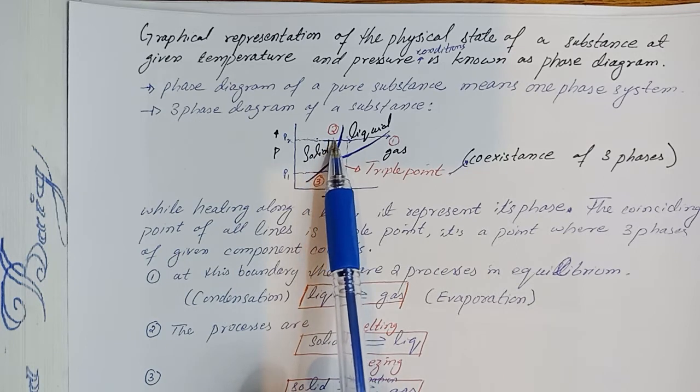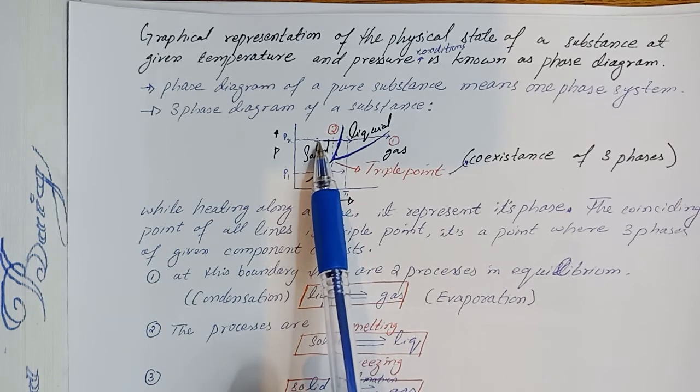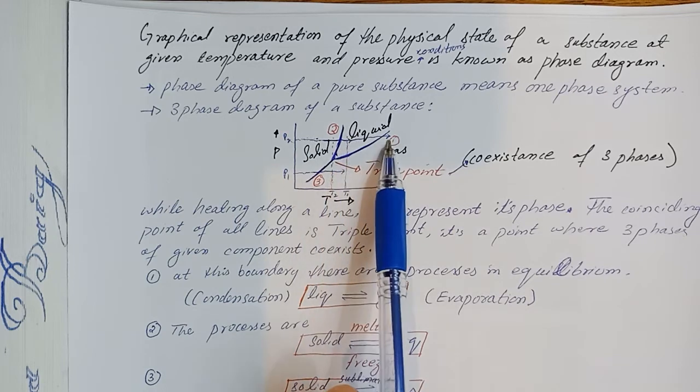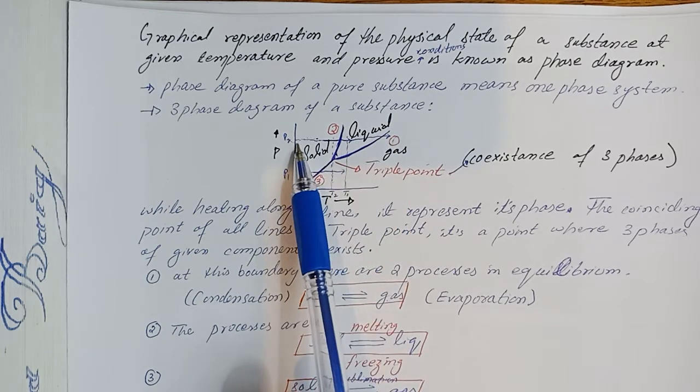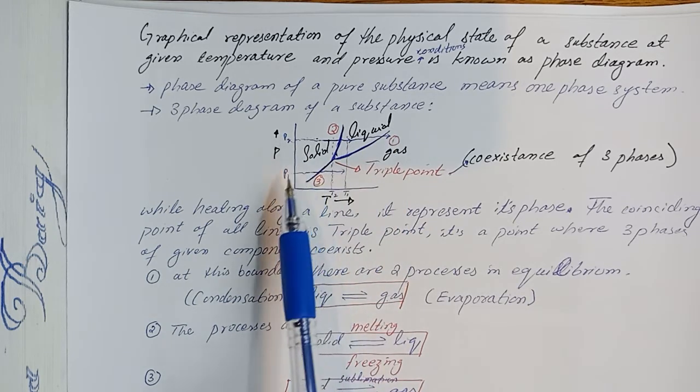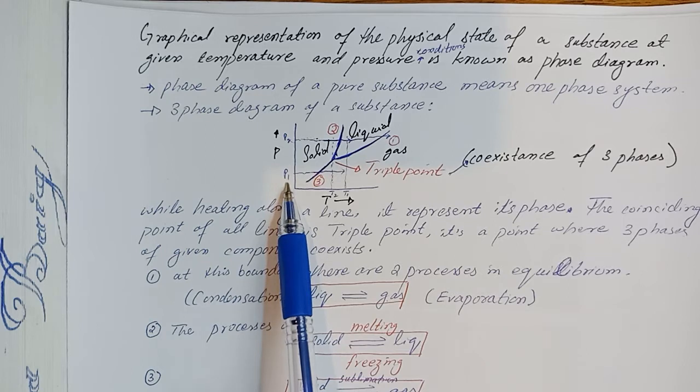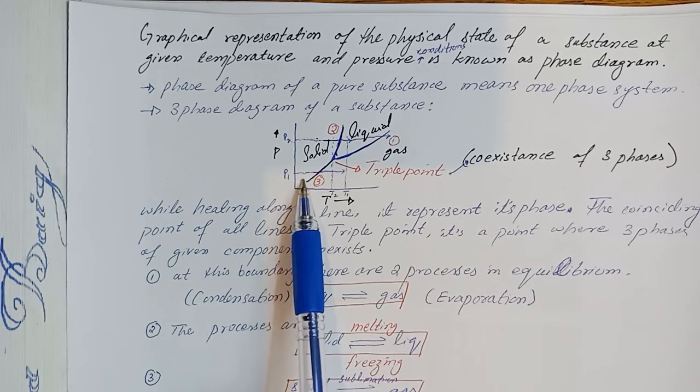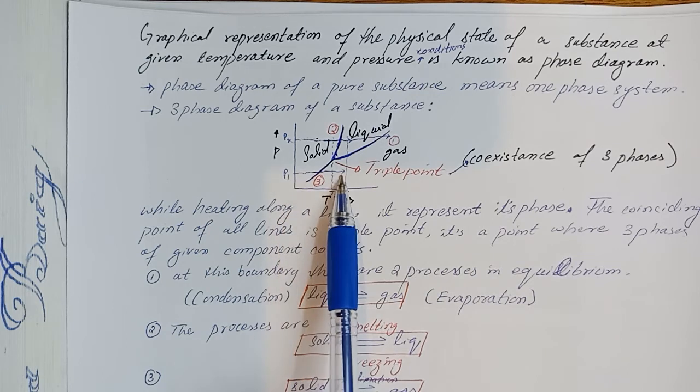We can see that we are moving from solid to liquid and gas phase at this pressure. Whereas at pressure P1, if we increase the temperature of the substance, we can only have two phases, that is solid and gas.